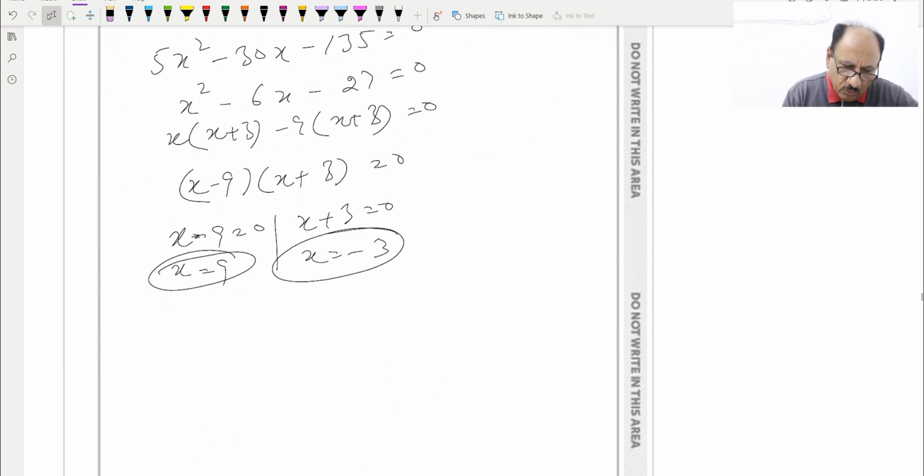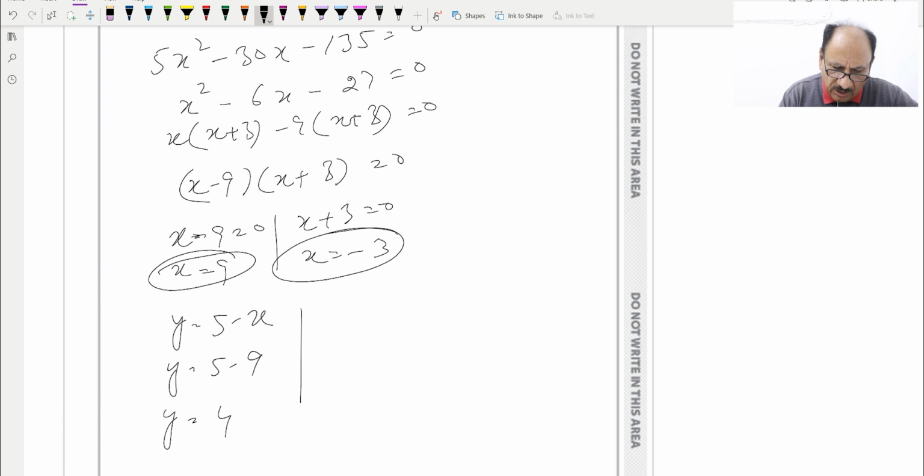So we know y is equal to 5 minus x. If we replace 9, it will be 5 minus 9, so y is equal to minus 4. And if we replace minus 3, y is equal to 5 minus minus 3, so y is equal to 8.